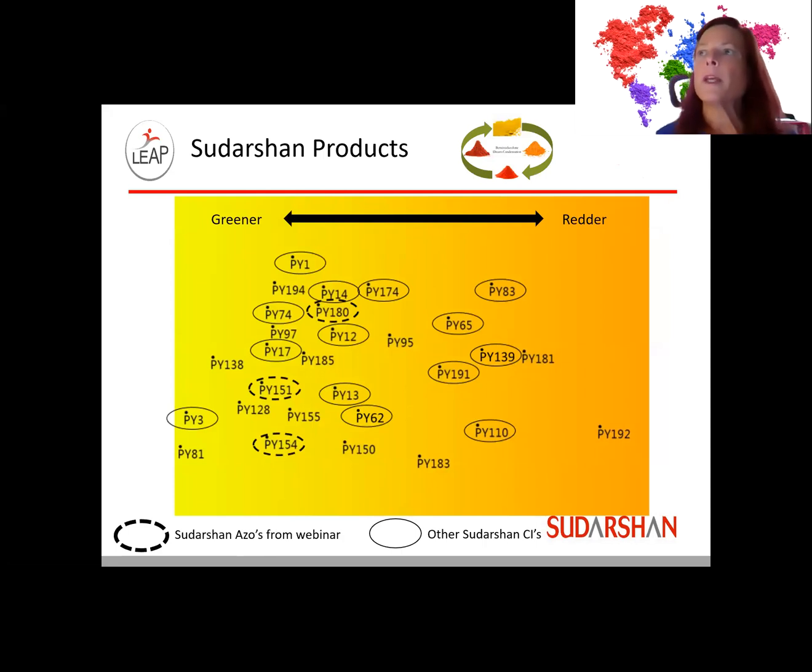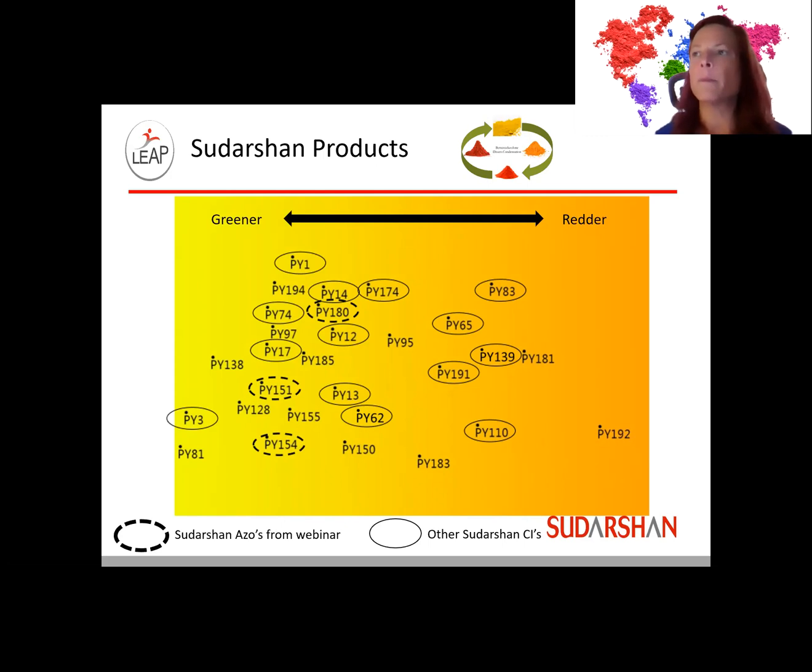From a color space perspective, I just wanted to give you a feel for where they fit. So today we've discussed the pigment yellow 180, the 151, and the 154 in the yellow space.